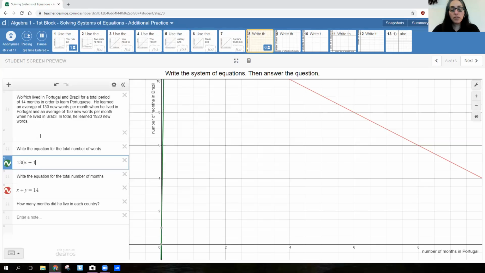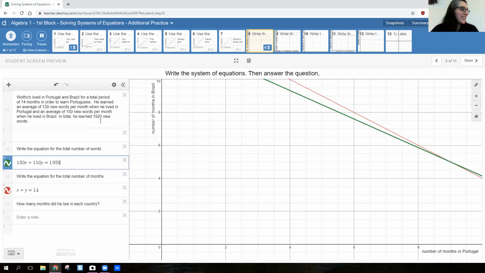So we're going to say plus 150y. That has to equal the total number of words that he learned when he was in those countries. So it says that at the very end. In total, it's 1,920 words.